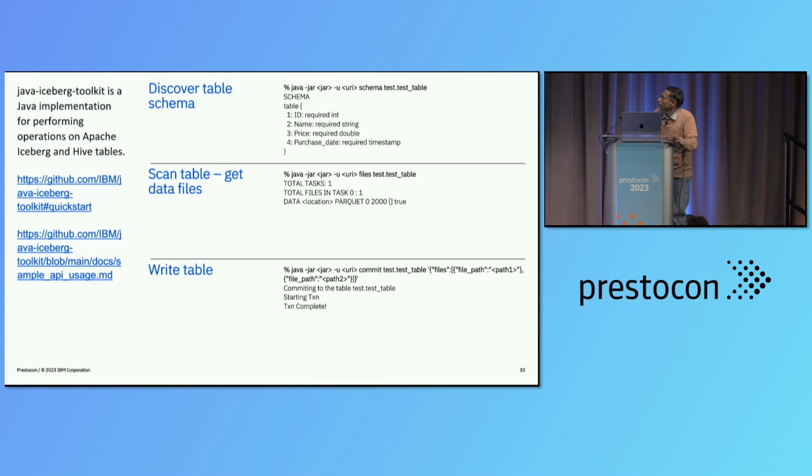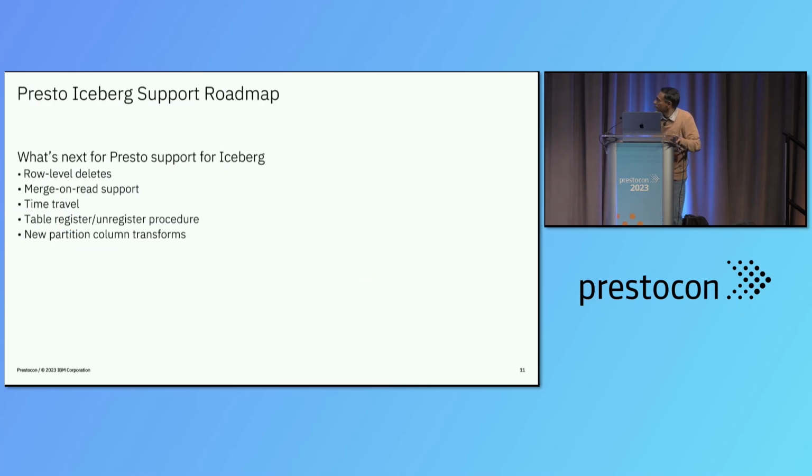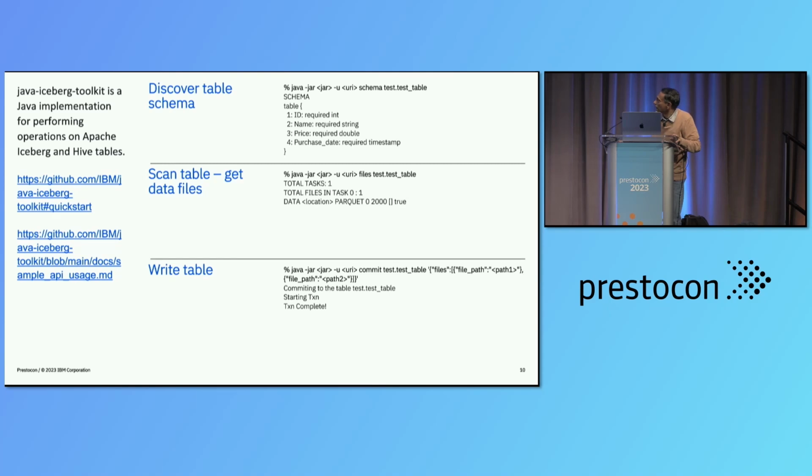But this is just to give you examples of how simple it is to use and integrate, and it has been used by both IBM environments here. You can see the writing of the table, some of the very simple cases we have given on this.